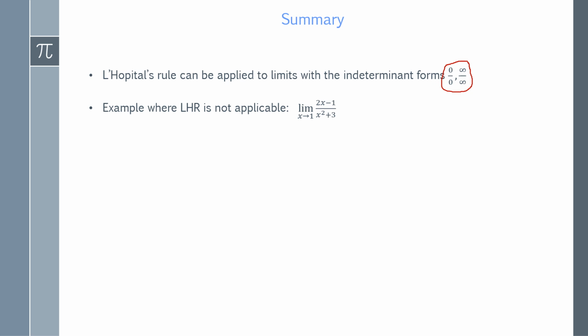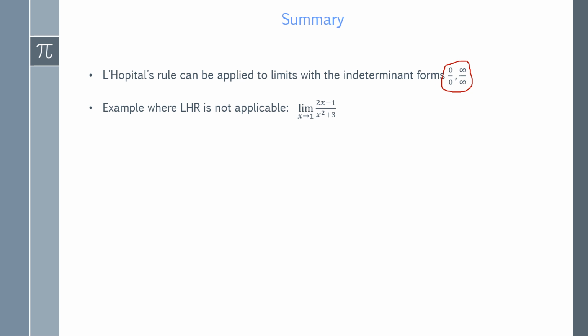Notice that if I plug in 1 for x into this function, 2x minus 1 over x squared plus 3, we do not get 0 over 0 or infinity over infinity. So in this case, we cannot apply this rule. And there are many other problems where we can't do it. So it is very important to check that condition.